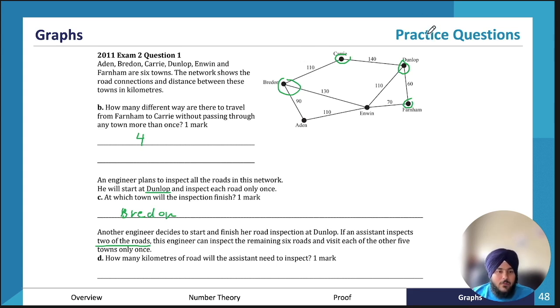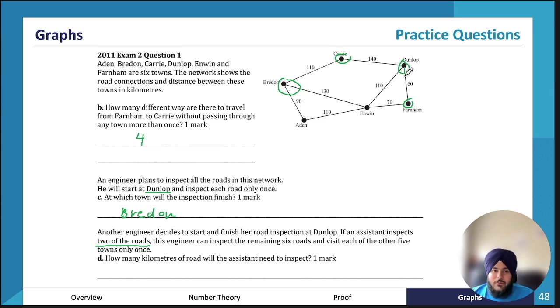How many kilometers of road will the assistant need to inspect? Okay, so it doesn't give us any indication on whether the other engineer needs to start or end at a particular spot. It just says that the assistant is going to inspect 2 of the roads. And the engineer will inspect the other 6 roads, starting and ending at Dunlop. So what are the ways in which we can visit 6 vertices starting and ending at Dunlop?